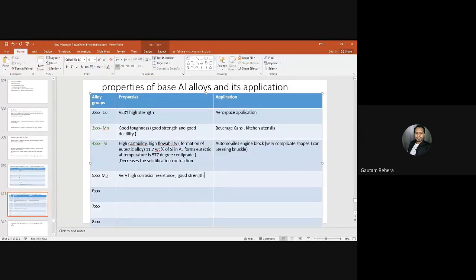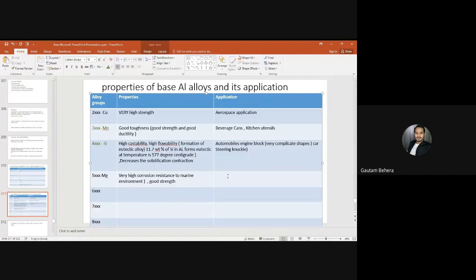We can do work hardening on it easily. Basically very high corrosion resistance in marine environment, marine or saline water.